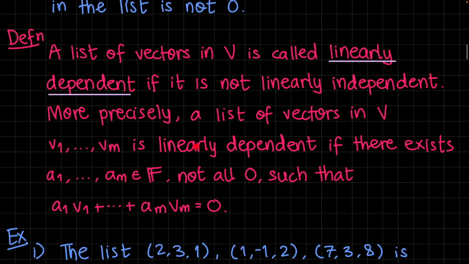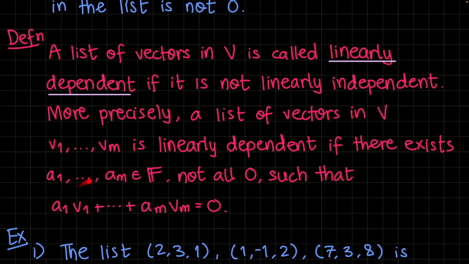Now let's define linear dependence. We have linear independence. Let's define the opposite. A list of vectors in V is called linearly dependent if it is not linearly independent. More precisely, a list of vectors in V, v1 through vm, is linearly dependent if there exist a1 through am, which are all elements of the field, not all zero.